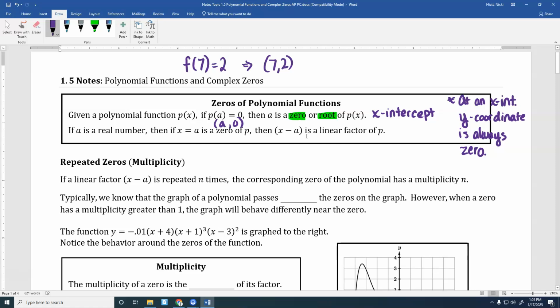So that phrase linear factor of p might be something you're not quite sure what they're talking about yet. So let's think back to all the times that we have talked about factors. In elementary school, you talk about factors when you're doing multiplication because your factors are the numbers you multiply together to get a number.